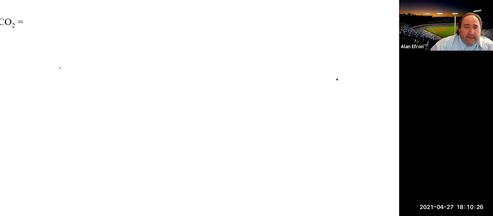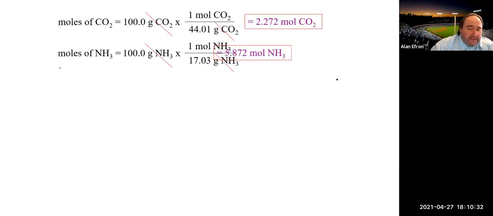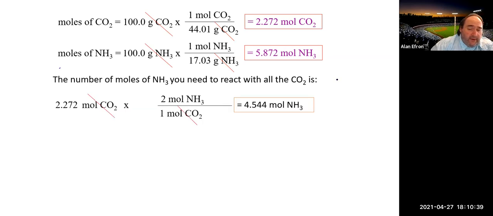This, by the way, is the other method that we talked about last time. It's the same problem we just did. You start by converting to moles. And in this method, the calculation asks: if we wanted to use up all of the CO2 moles that we started with, how many moles of NH3 would we also have to put in there?